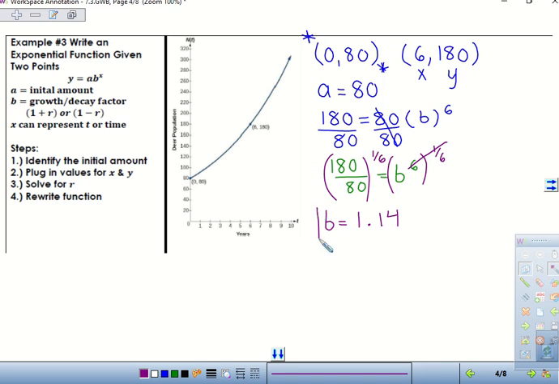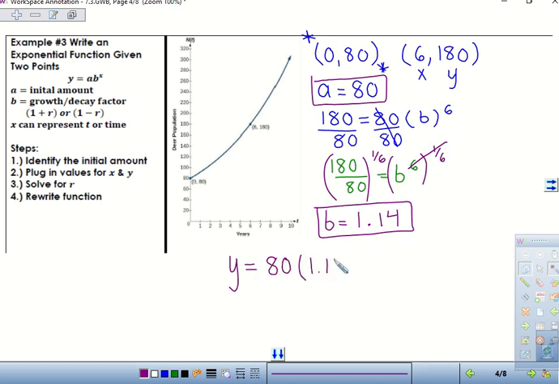Once you have a and b, which we now have, you can now come up with the equation. So the equation is going to be y equals a times b to the power of x. Do we have any questions about that?